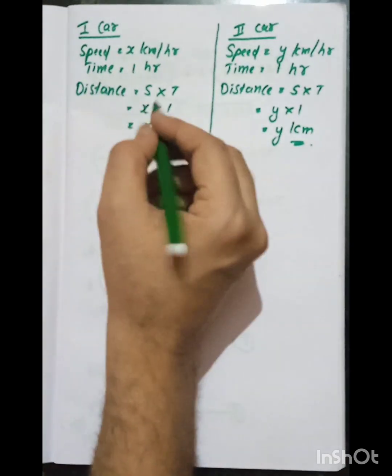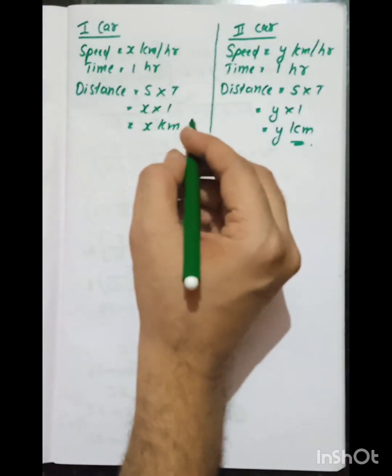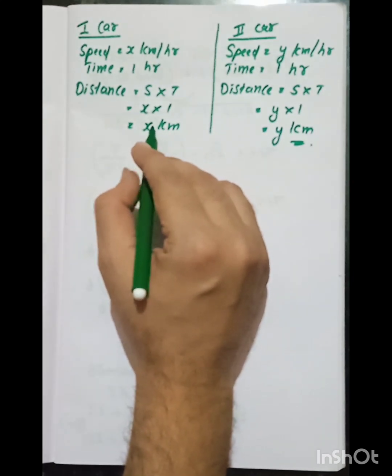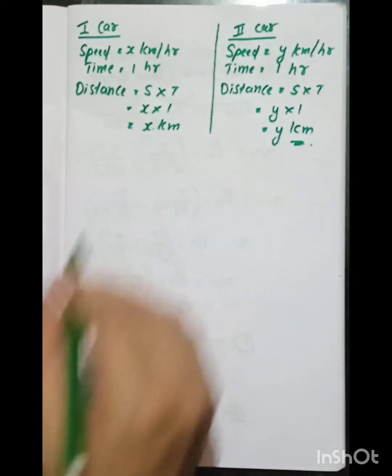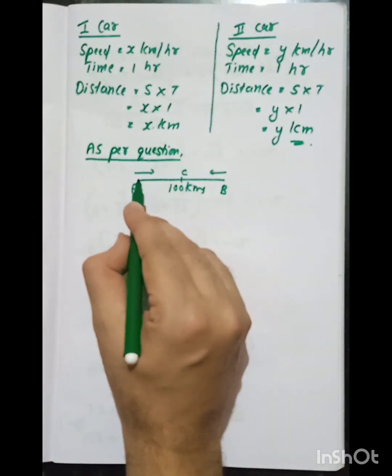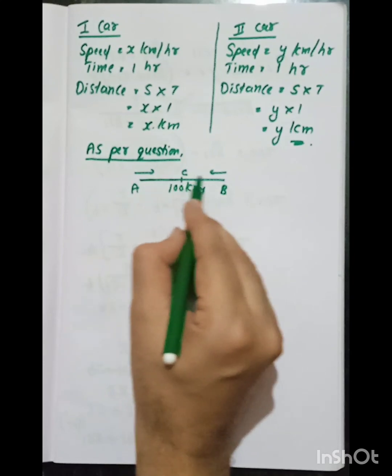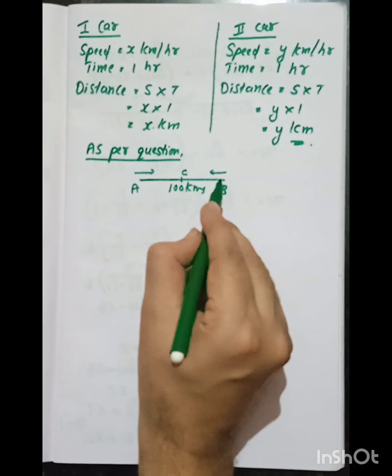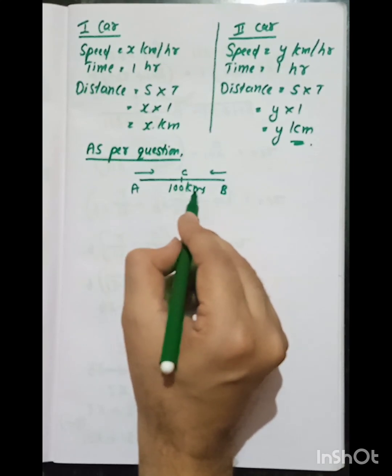Now let's form the second equation. As per the question, the first car moves in this direction, the second car moves in this direction. So this plus this both becomes 100 kilometers.